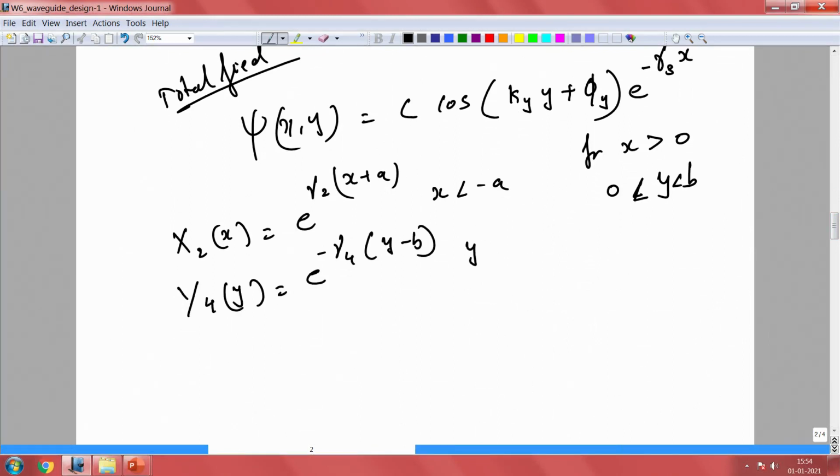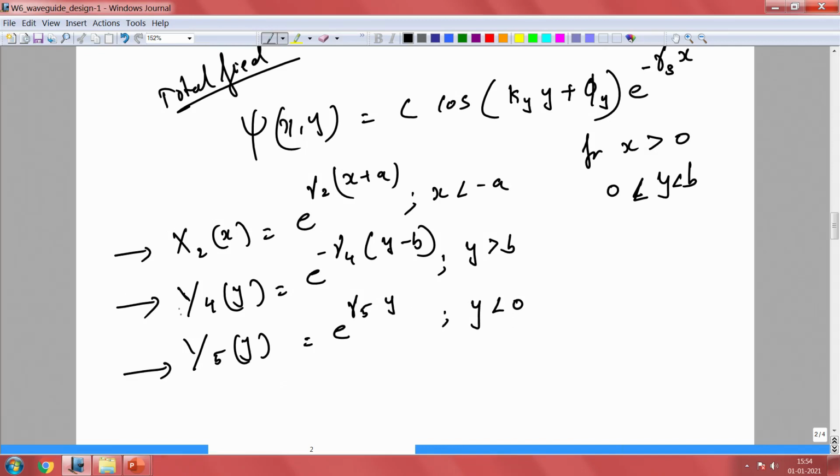This is for y greater than b, and then we have region 5 which is e to the power gamma 5 y for y less than 0. Okay. So these are all the 3 different region components for x and y.